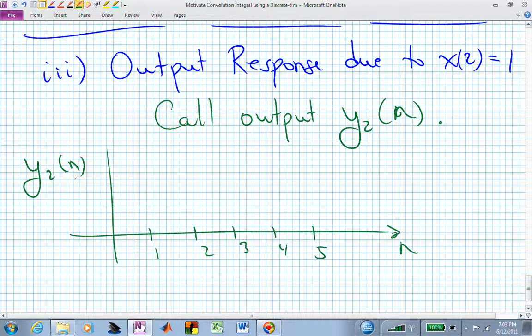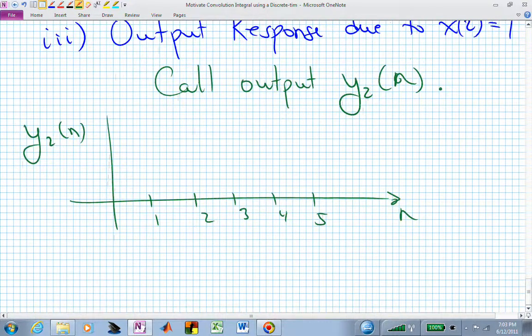This component will not start producing a non-zero value until the application of the input. The input is not applied until n equal 2, which means that up to that point we are not going to see an output, meaning y sub 2 of 0 is 0, y sub 2 of 1 is 0.